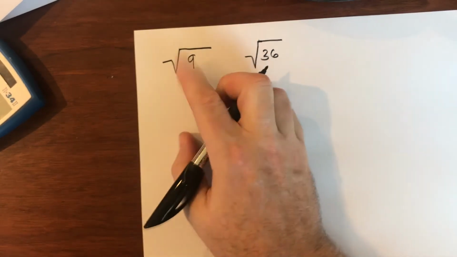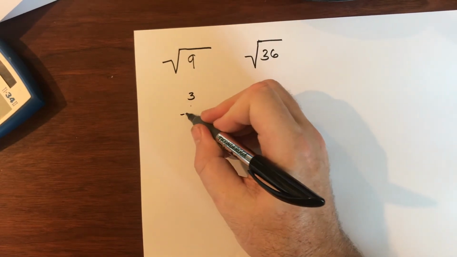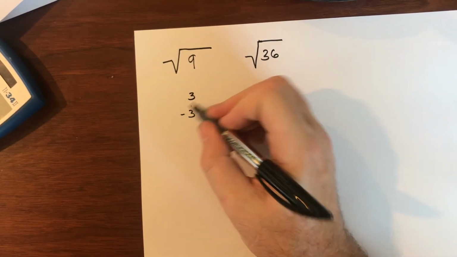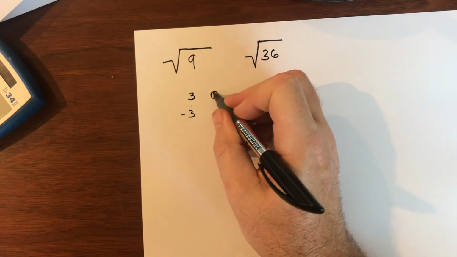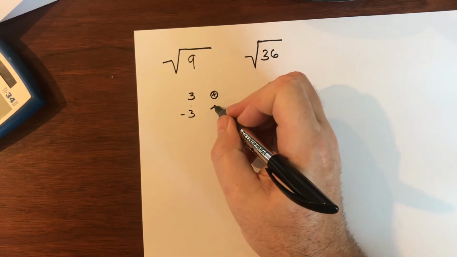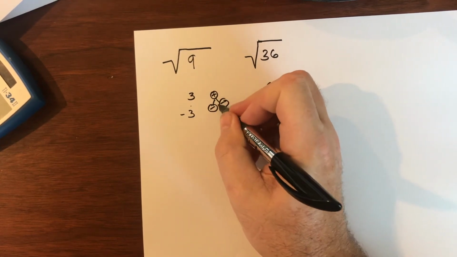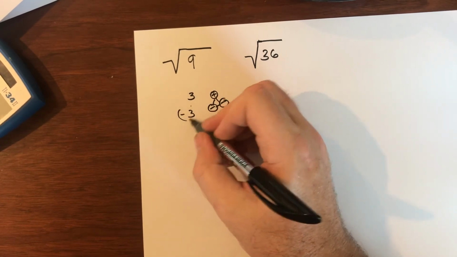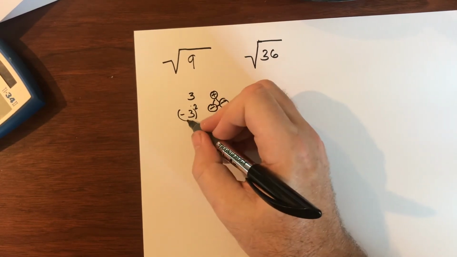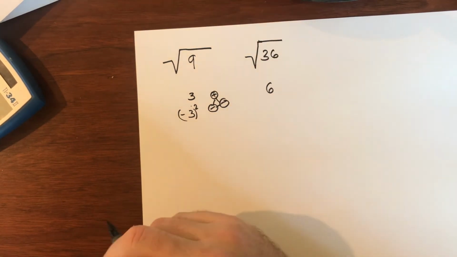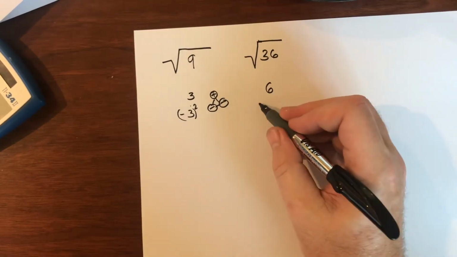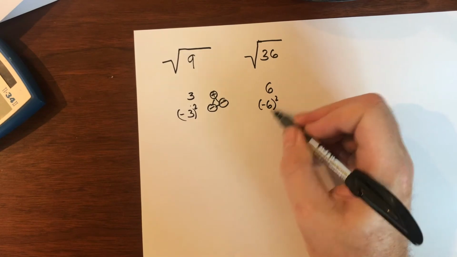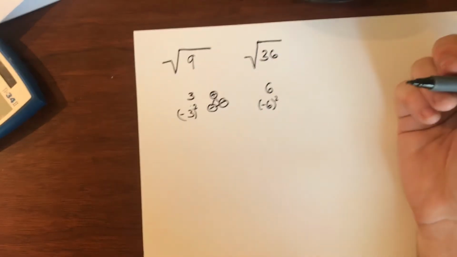That's right. Hopefully you thought, well, I can make it negative. Because a negative, if you remember our little Yoshi wheel, a negative times a negative is a positive. So when you square negative 3, you're going to get positive 9. When you square negative 6, you get 36.